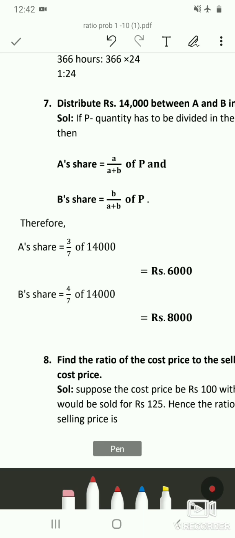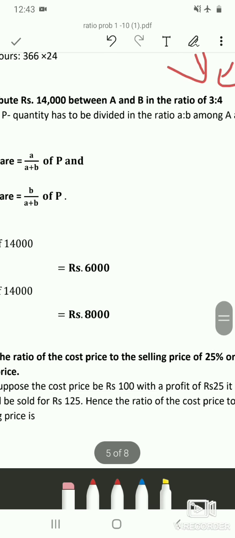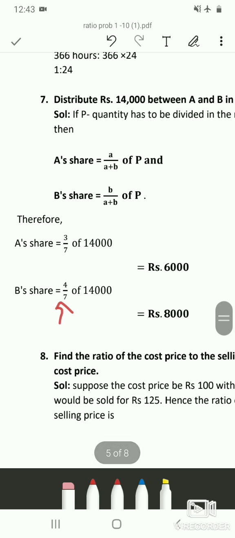Similarly for B's share, that is small b upon a plus b, here a plus b is the same, that is 7, and b is the consequent, that is 4. So B's share would be 4 upon 7 of rupees 14,000.